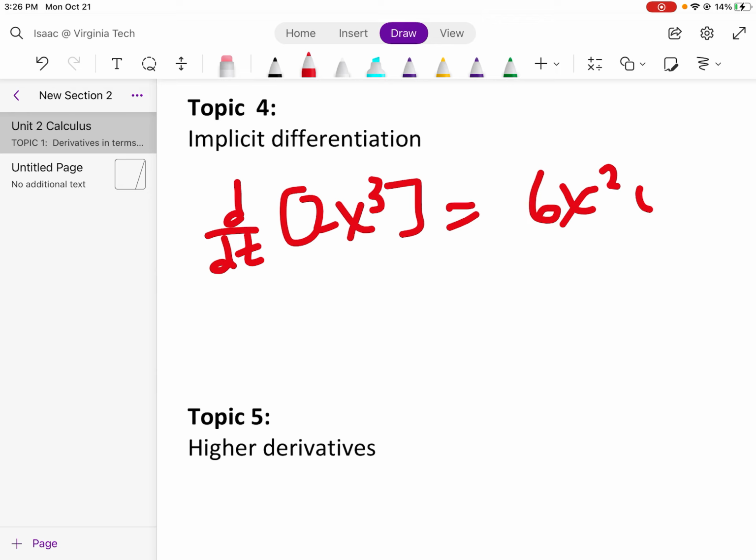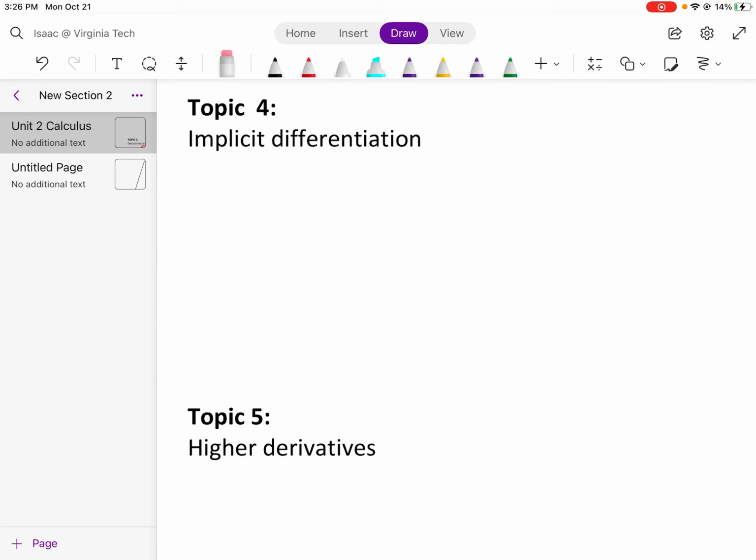But since it was d/dt, we have to sneak in an x prime, because the t, it's not an x, it's a t. So that's what implicit differentiation is. It's actually not that hard. It just means if you're doing d/d-something that's not the same letter as what's in the equation that you're taking the derivative of, you just sneak in a prime beside it.